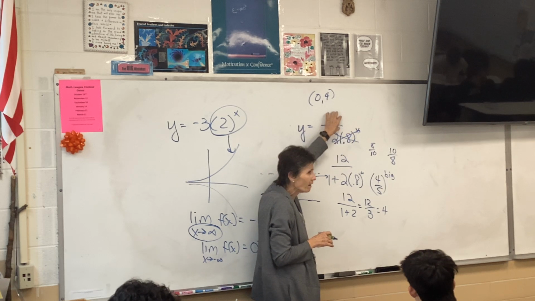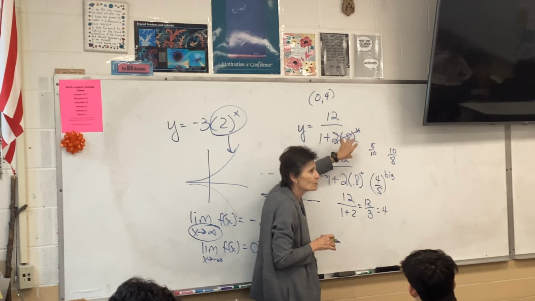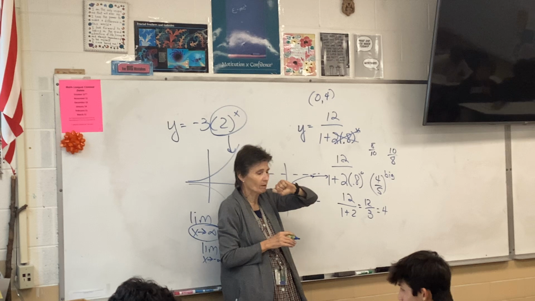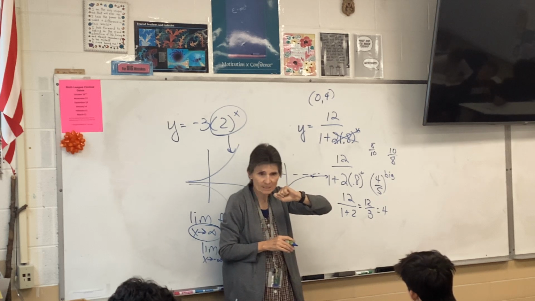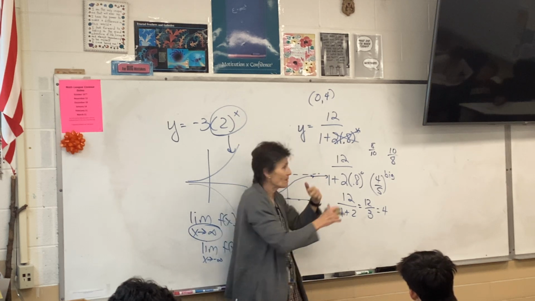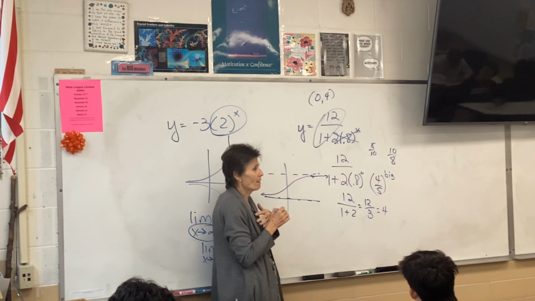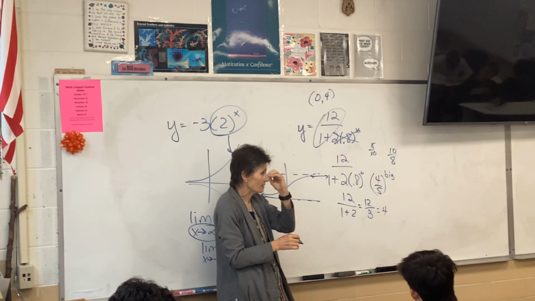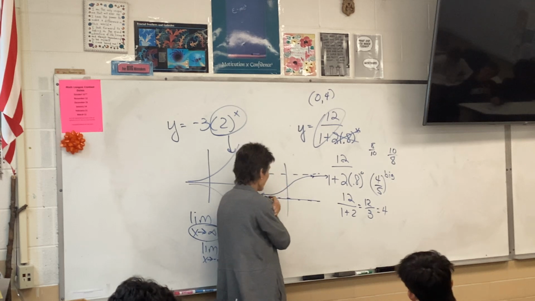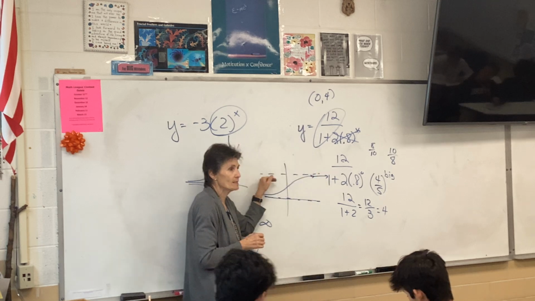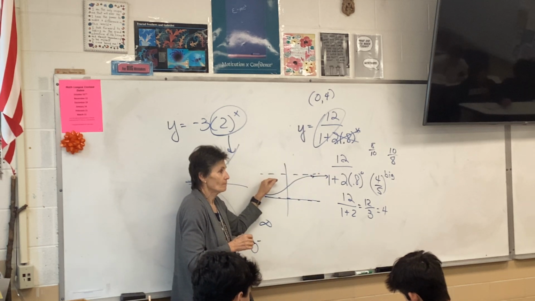So I have 12 over huge. What kind of a number is 12 over huge? Very small. So my top asymptote is at 12 over 1, and my bottom asymptote is at 0. My bottom asymptote's at 0, and my top asymptote is at 12.